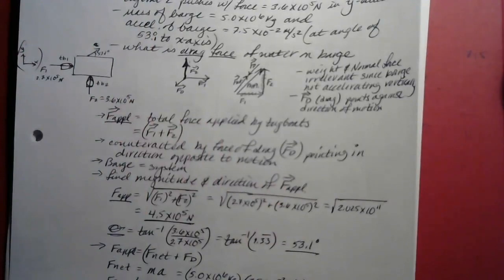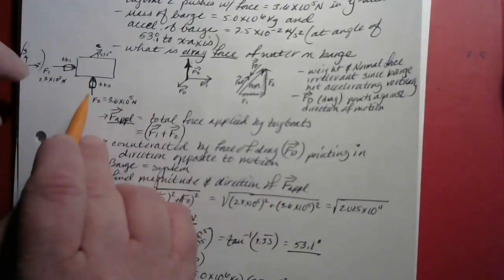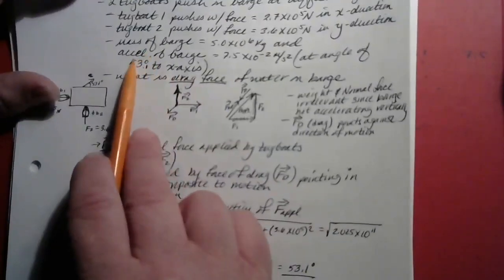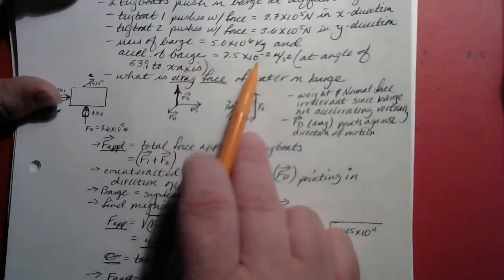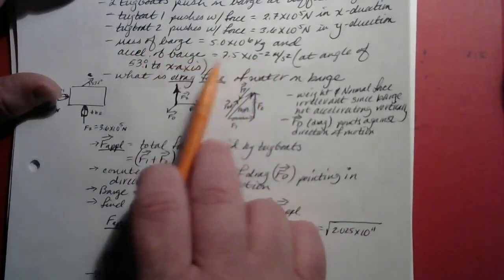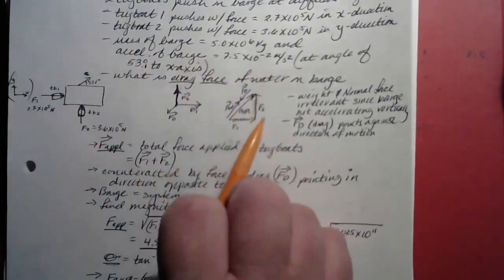So basically the tugboats are putting enough force into the barge to get you an acceleration that's considerably larger than the actual acceleration. And the actual acceleration is smaller than it theoretically should be because of the drag.